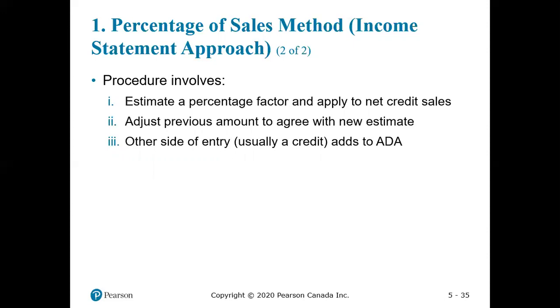So the balance of bad debt expense should be $12,500. If it already has a balance of $2,000, then the adjustment to post would only be $10,500, because you're just trying to get it to that $12,500 balance. In this example, the estimate is based entirely upon how much is in sales, so that's why it's considered the income statement approach.